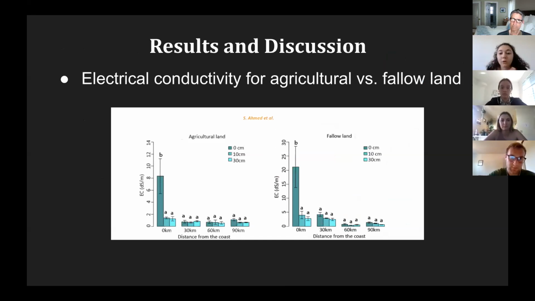Between the agricultural and the fallow land, there was a higher value of the soil EC shown in the topsoil rather than deep in the soil. And then it was comparatively higher in the coastal area than in the mainland for both agricultural and fallow.